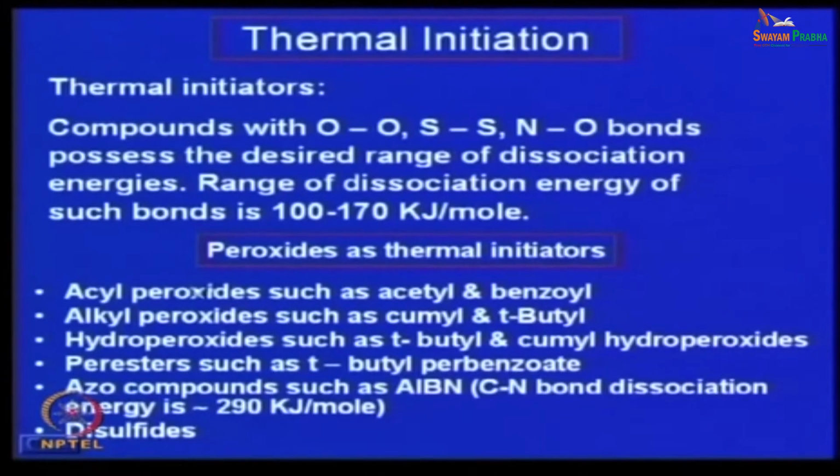Okay. Now, peroxide compounds or azo compounds can be used as thermal initiators: acyl peroxides such as acetyl and benzoyl peroxide, alkyl peroxides such as cumyl and tertiary butyl peroxides, hydroperoxides such as tertiary butyl and cumyl hydroperoxides, per esters such as tertiary butyl perbenzoate, and azo compounds such as 2,2'-azo-bis-isobutyronitrile, where the C-N bond dissociation energy is quite high, but the N-N bond breaks.